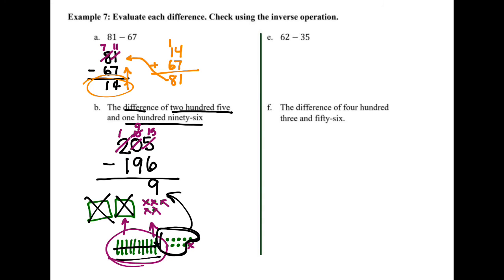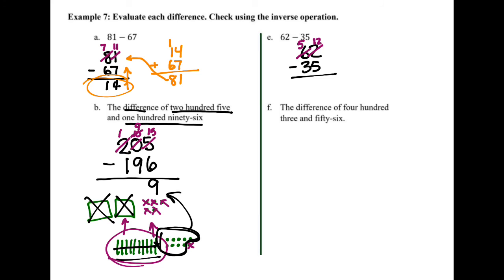62 minus 35. Okay, cannot do 2 minus 5, so I'm going to have to borrow. So I'm going to take 1 ten away from the 6 and add it onto the 2, so now I have 12.